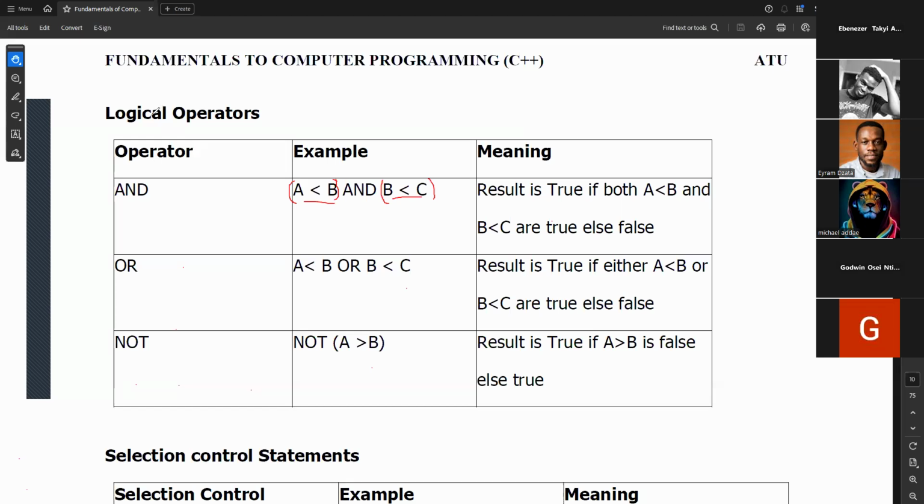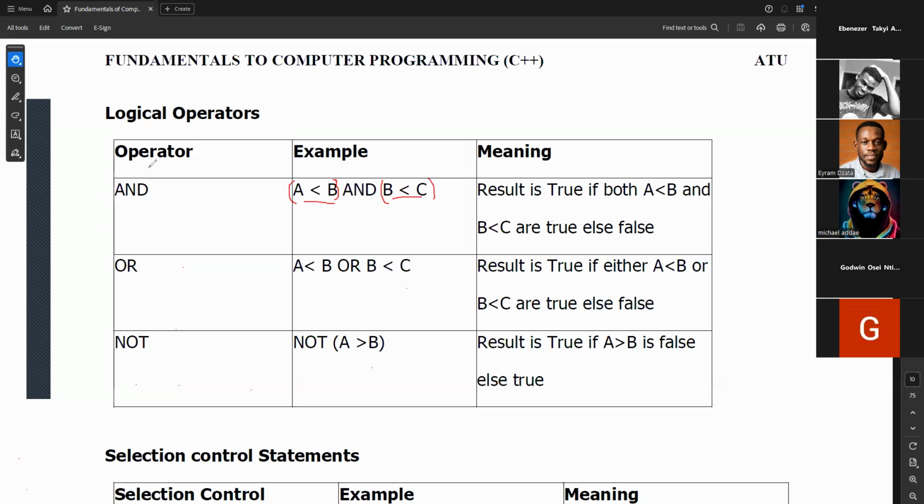Now, what are these logical operators? First, we have the AND, then we have the OR, and we have the NOT. If you have learned gates in electronics, you should be familiar with whatever is being discussed here.